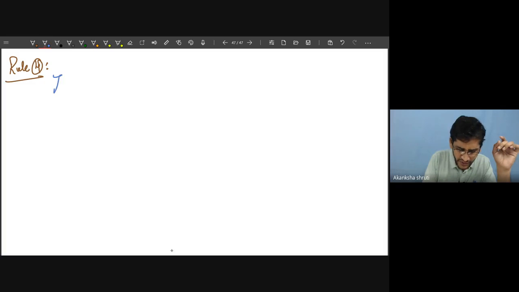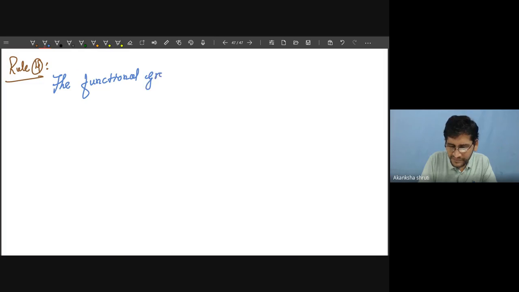The functional group is included as suffix.